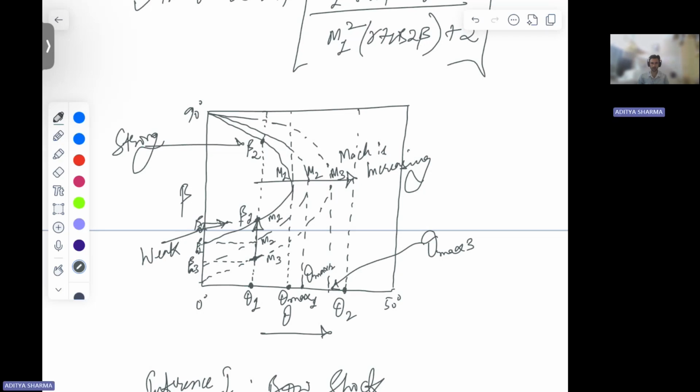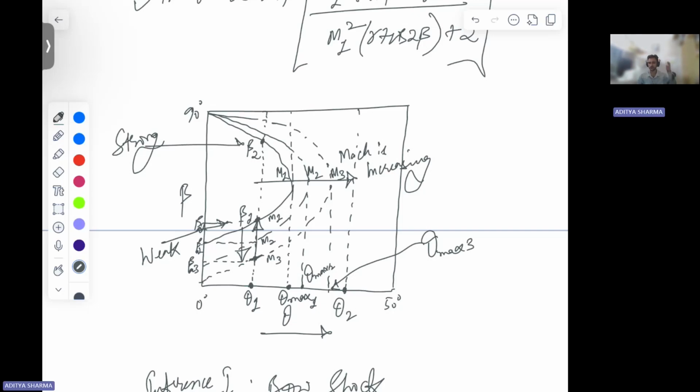So if you see your weak oblique shocks, with increase in Mach, if you are moving from M1 to M3, from here to here, your shock wave angle is going to decrease.